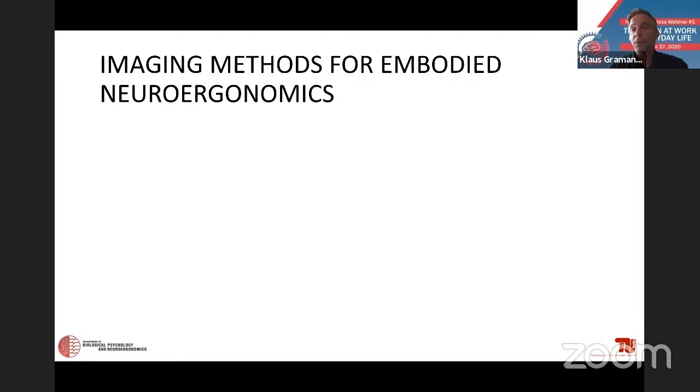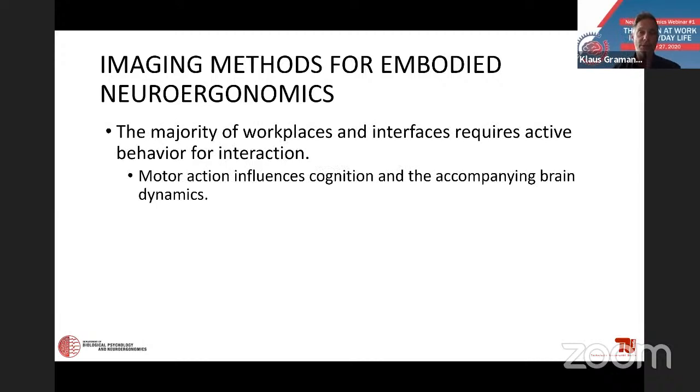So if we want to understand how the brain realizes all these complex cognitive and motor functions while we interact with the technical system, we need mobile imaging methods. The majority of workplaces, as I said, requires active behavior, even if it is only head and eye movements and manual control of the system.